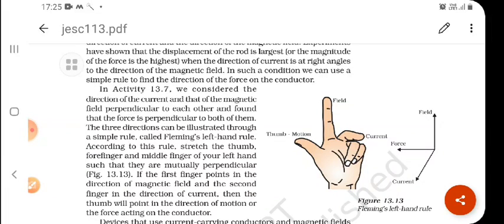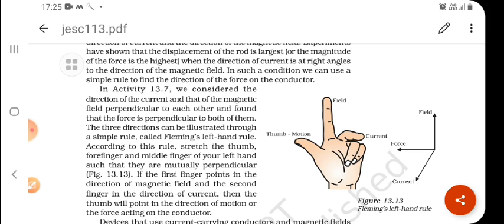Okay, Fleming's left hand rule says that according to this rule, stretch the thumb, forefinger and middle finger of your left hand.